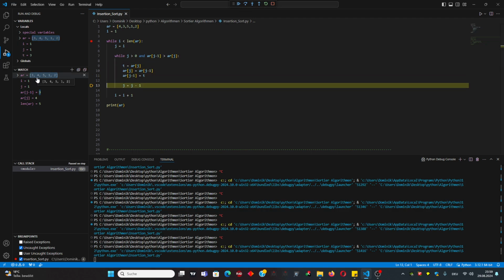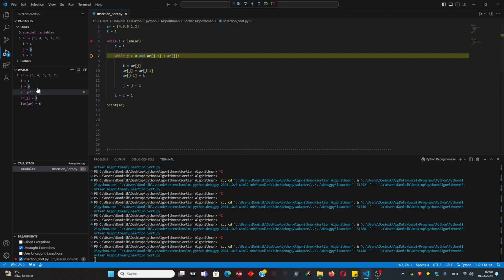The values are now swapped. Then we decrease J by 1. We can see already that J is 0, and that means we will not jump into this block because J is not higher than 0, and that means that we will jump to line 15.